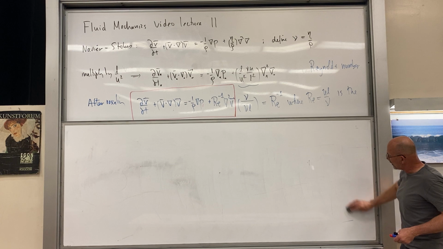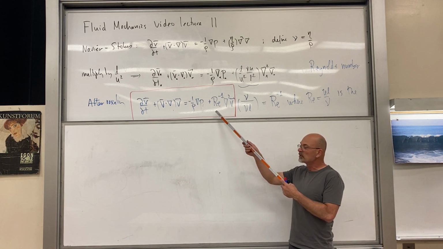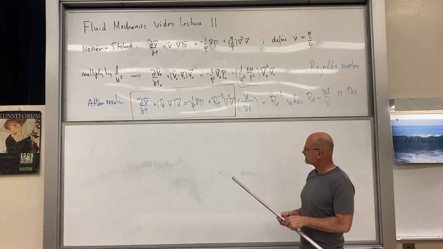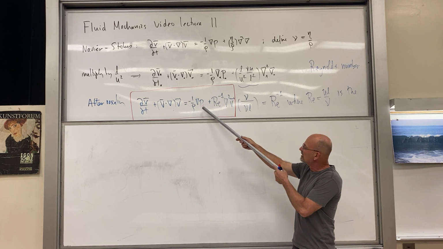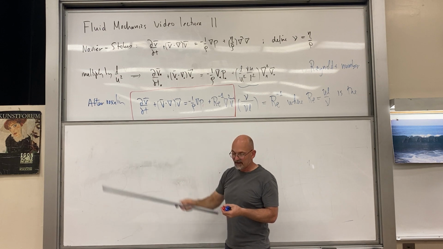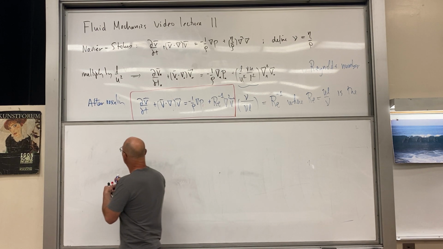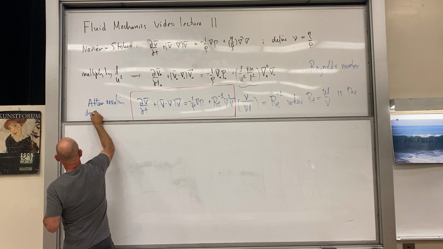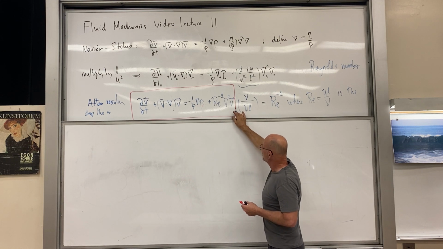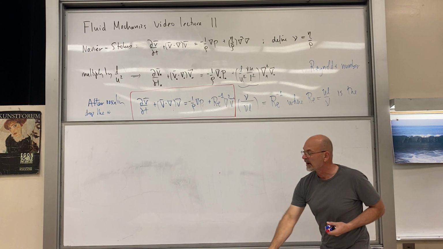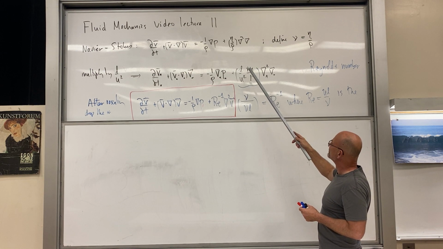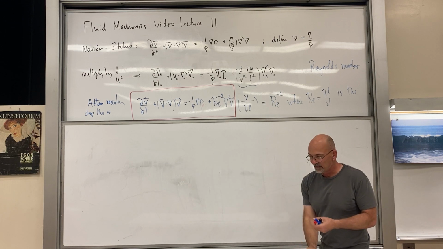So again, even though you can't solve this differential equation, you can say two flows are dynamically equivalent if they have the same Reynolds number. And of course, you'd have to deal with the pressure as well. So again, I dropped all the stars here, but we said after rescaling, maybe I should write drop the star. And then you get this. Again, it's a Navier-Stokes equation. So that's the point. Maybe I'll write that down.